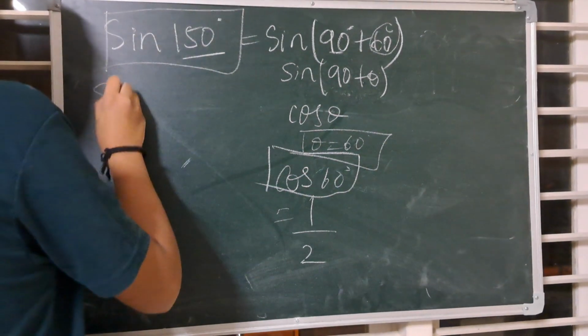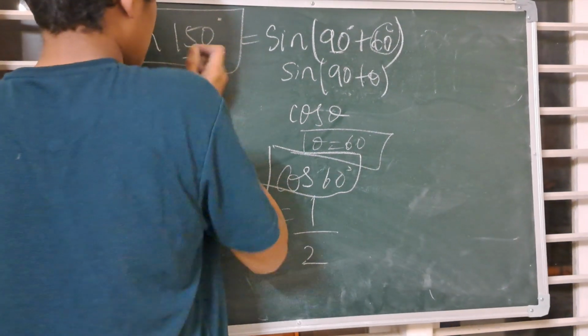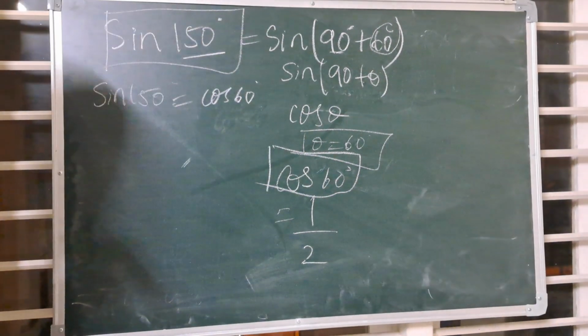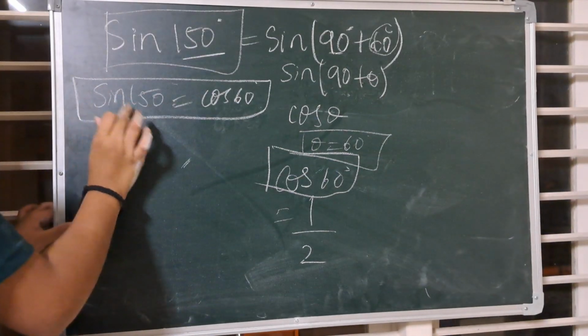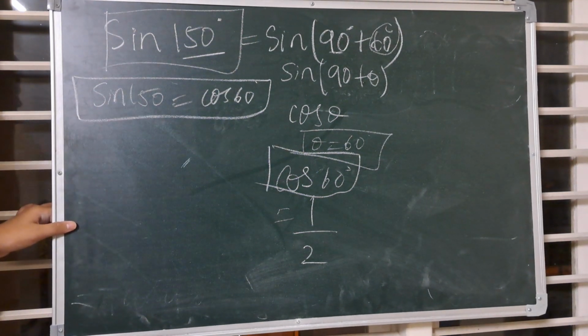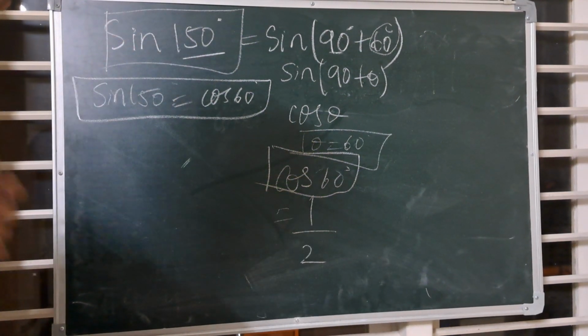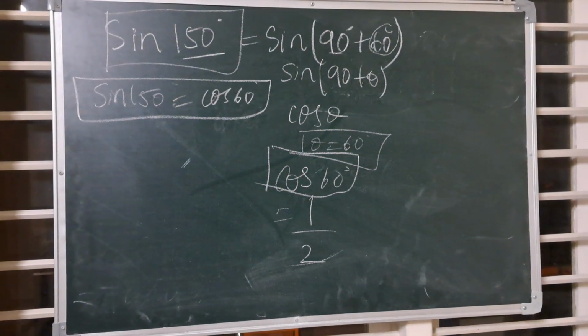So I write sin 150 is equal to cos 60 degree. Even we will get this point, but this point is not needed to mention in the exam or writing in the paper. This is for our understanding. So the value of sin 150 degree is 1 by 2.